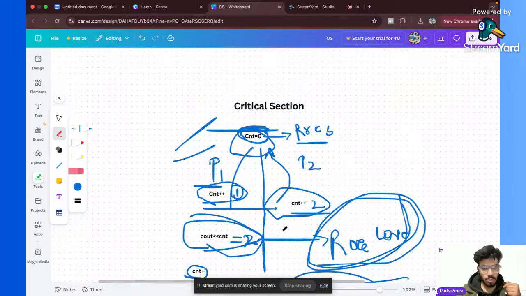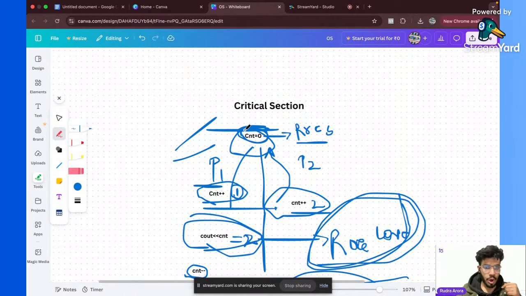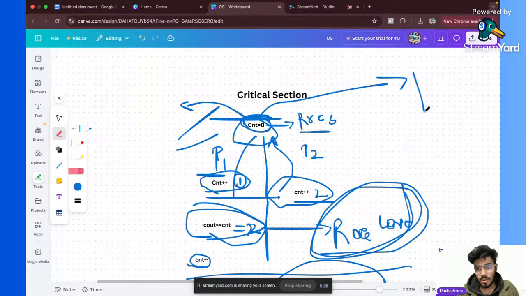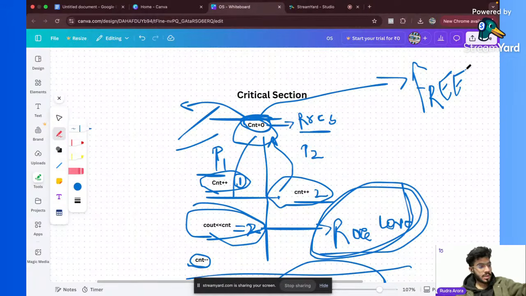So we'll use some kind of locking techniques, so that when P1 executes all its operations, like decrementing and incrementing, only then is this critical section free. Our whole motive is to lock the critical section when something is in it, and to free it when that operation is done, so that there is consistent data for that operation.